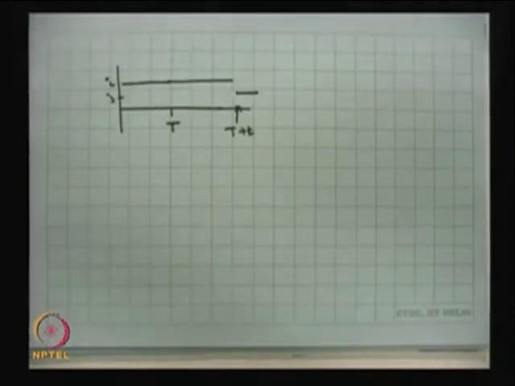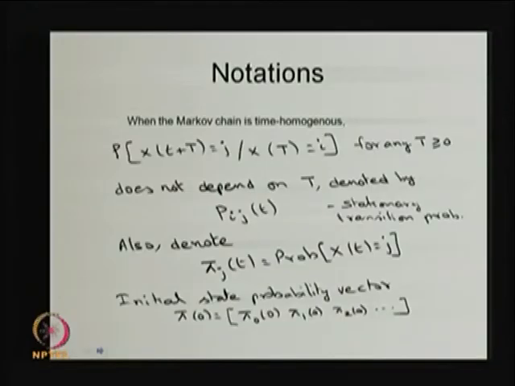That means that the actual time does not matter, only the length matters, the length of the transition time. That means the small t matters, not the capital T, whenever it is time homogeneous.